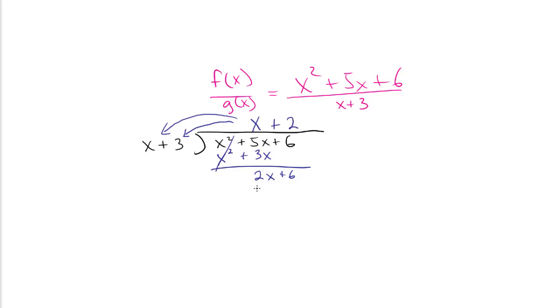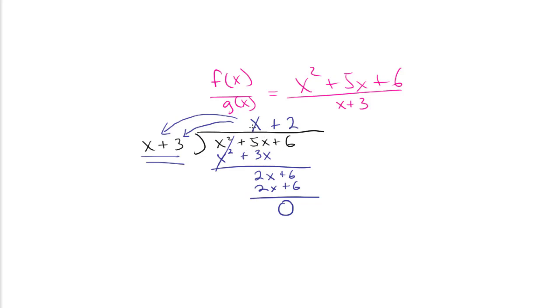2 times x gives me 2x, and I still have to multiply the 2 by the plus 3. So 2 times plus 3 gives me plus 6. And now I'm going to subtract that second row from the first. 2x minus 2x cancels. 6 minus 6 cancels. I have 0 remainder. I knew that already because I know x plus 3 is a factor of my polynomial and divides evenly into it.